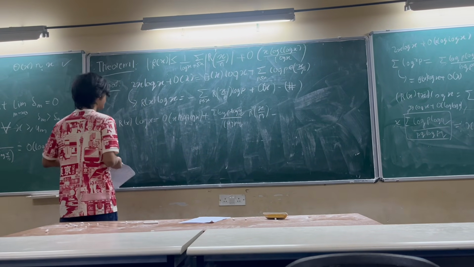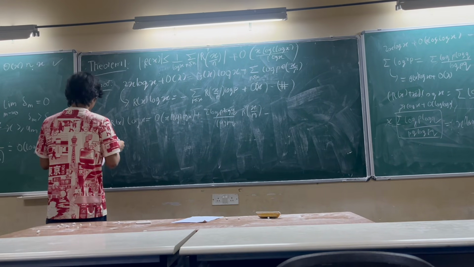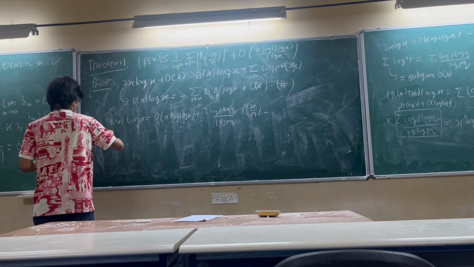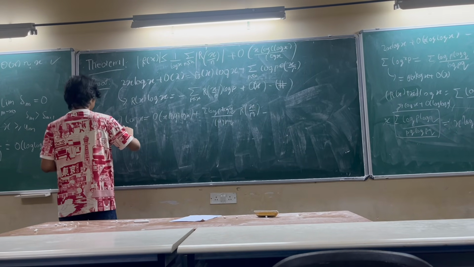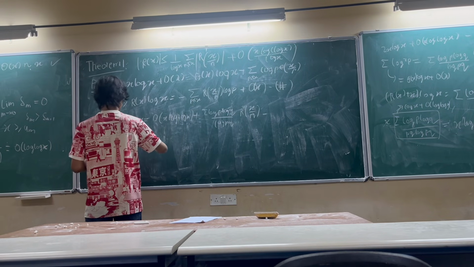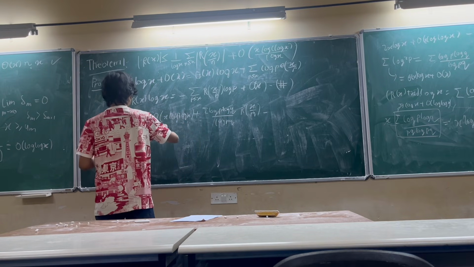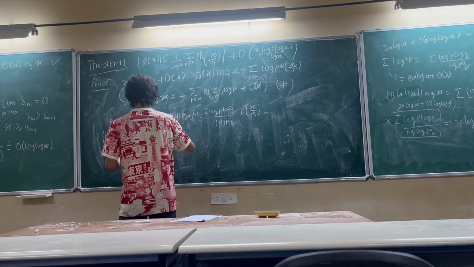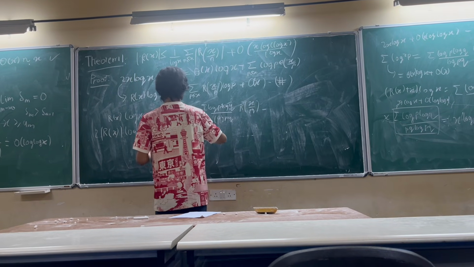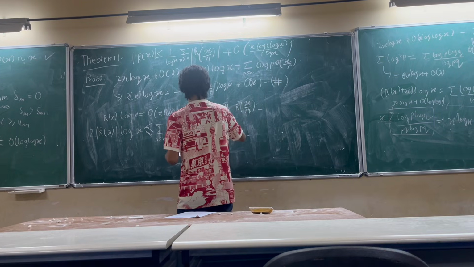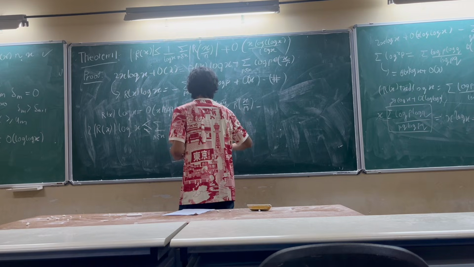You see that we get an upper bound for R of x log x. So we do the algebra now. We start with R of x log x in fact equal to, the upper one is, summation n less than or equal to x of Lambda n plus contribution, Lambda n divided by log n.